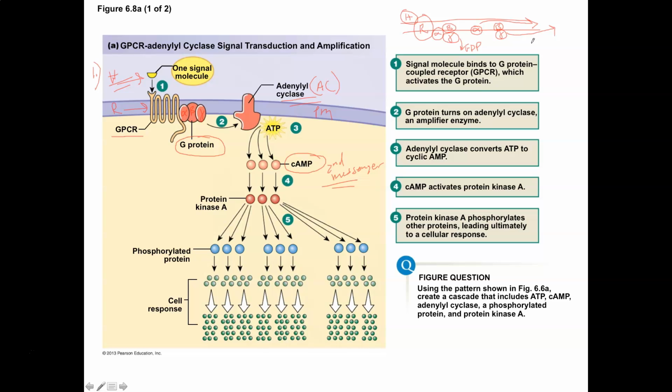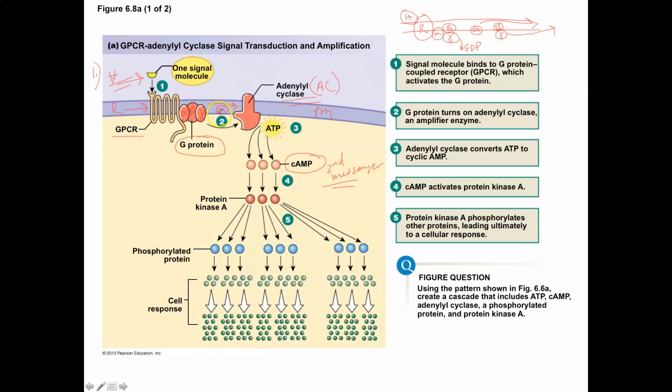So let's say, for example, that the alpha subunit is going to pick up energy and it's going to move through the membrane. So let's go back to our original diagram here. Let's say that the alpha subunit is going to move through the membrane, and that's the one that's going to move on and activate the enzyme.